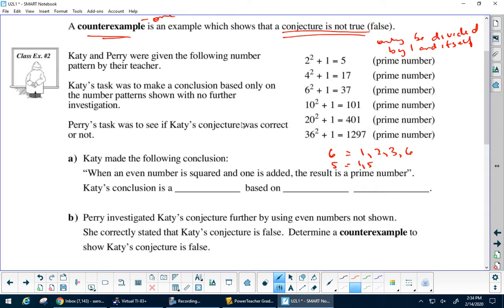So she had to provide a conjecture based on this. She's not asked to come up with a counterexample to say if it's true or not, but her conjecture is: when an even number is squared and 1 is added, the result is a prime number. So Katie's conclusion is a conjecture based on inductive reasoning.